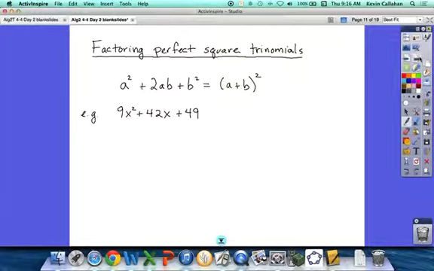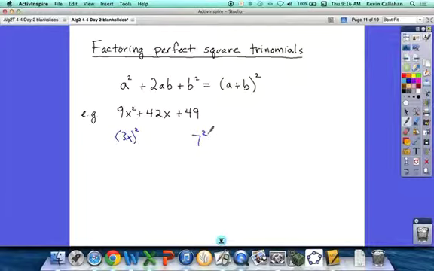So do we recognize 9 as a perfect square and 49 as a perfect square? What number squared is 9? 3. So this first term I could write like (3x) squared. And what about the last term, 49? 7 squared. Now, I still don't know whether this is a perfect square trinomial.